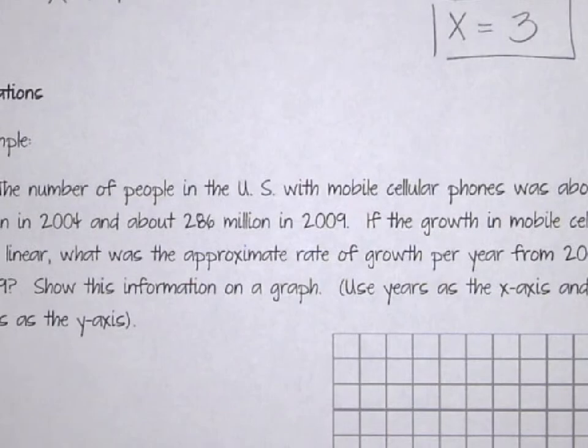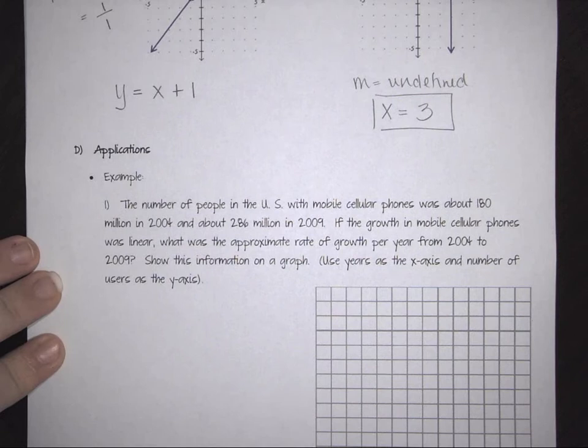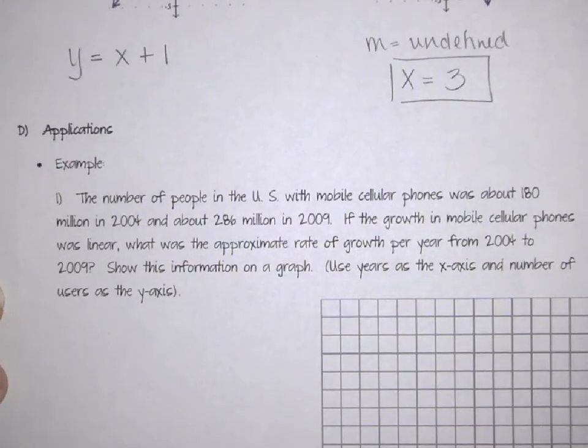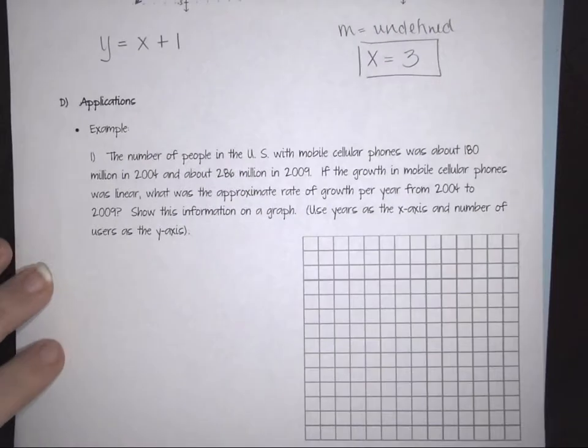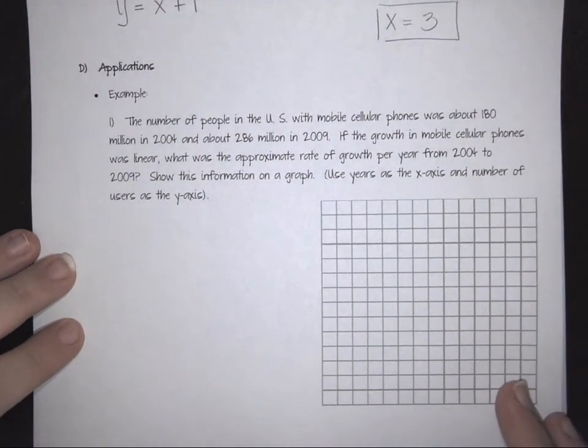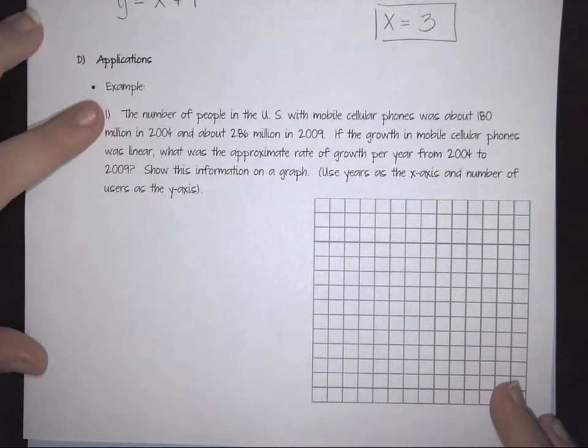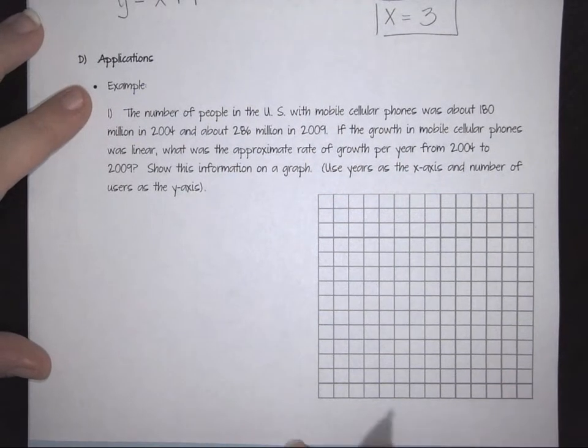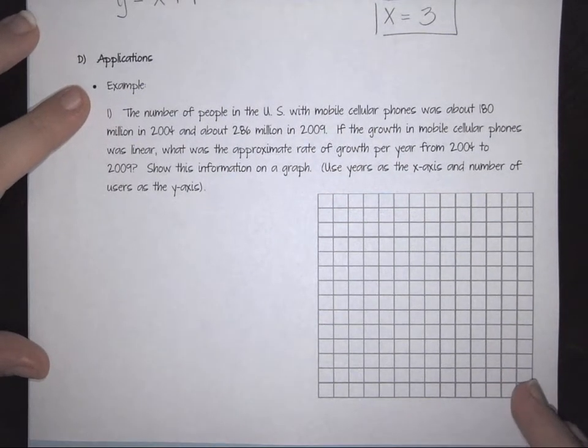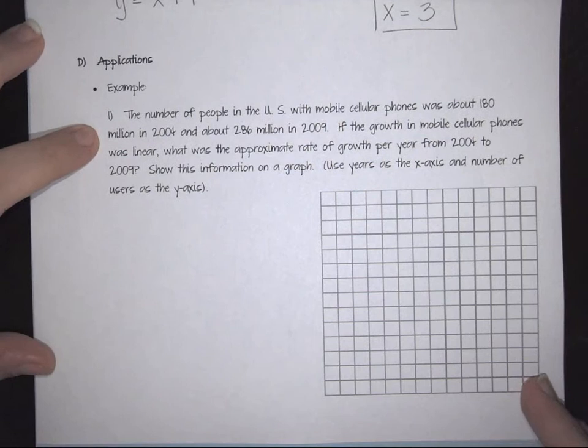Now, the last way that we could see these problems would be in application problems, kind of like this one here, where it says that the number of people in the U.S. with mobile cellular phones was about 180 million in 2014.